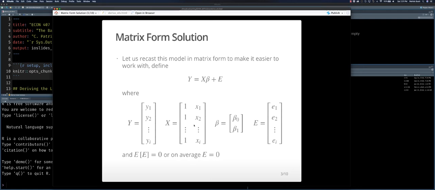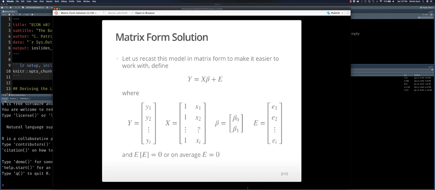And then we specify our X matrix, where here we have a column of 1s, then x1, x2, all the way to xn. The reason why we have a column of 1s is because this is the column that corresponds to beta 0. We want to make sure that we're picking a value for beta 0, our intercept, that is the same for every observation. So that's why it's multiplied by 1.